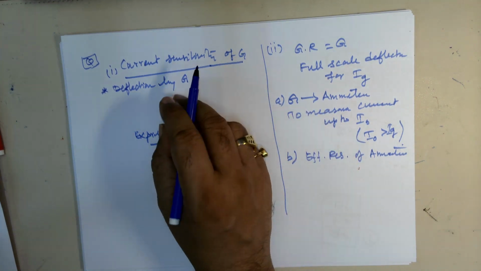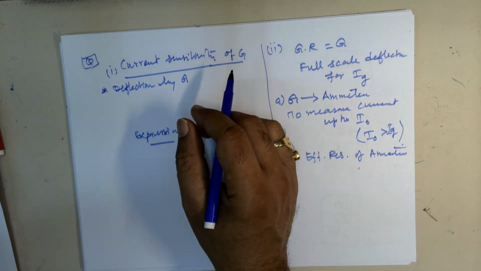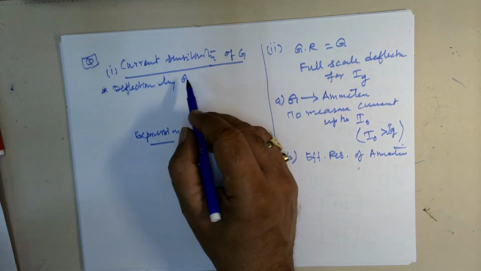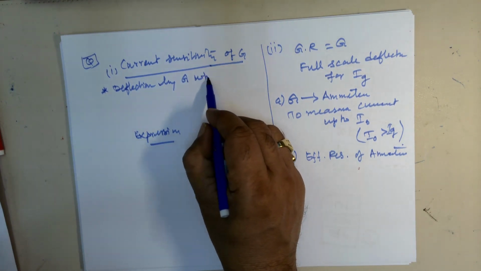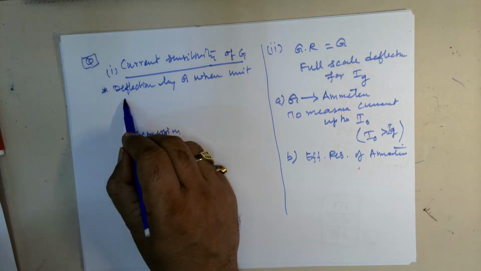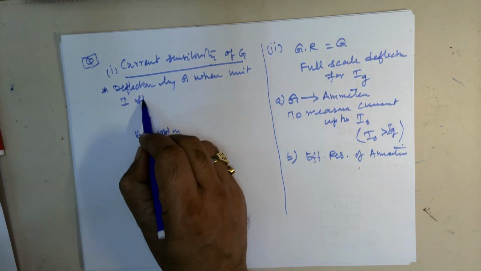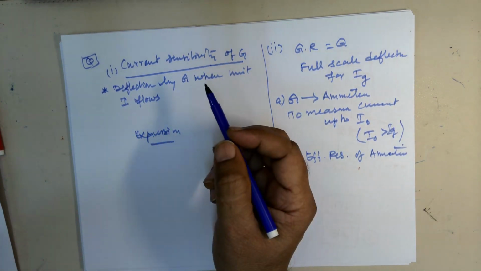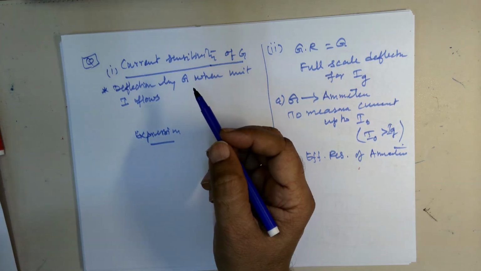When I say galvanometer, moving coil galvanometer. Current sensitivity is the deflection produced by the galvanometer when unit current flows through it.